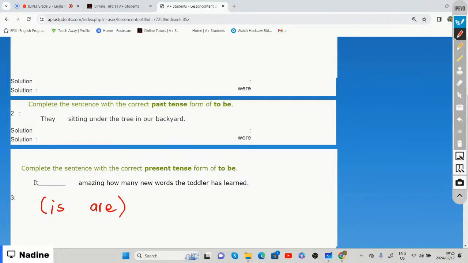All right, so we will then use the correct form and say it is amazing how many new words the toddler has learned, right?